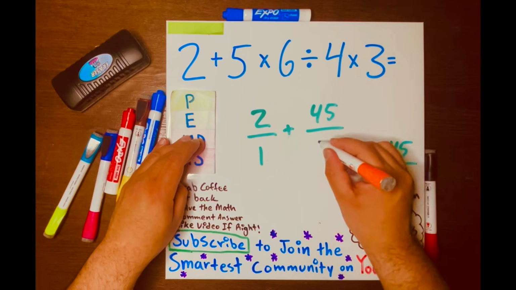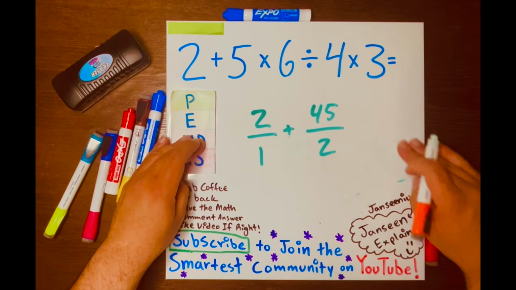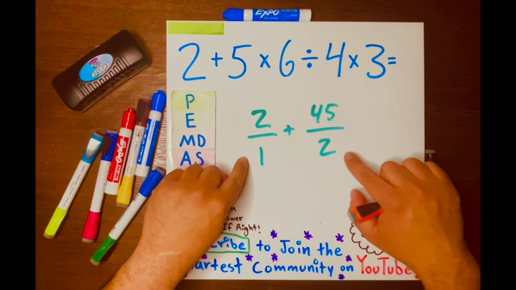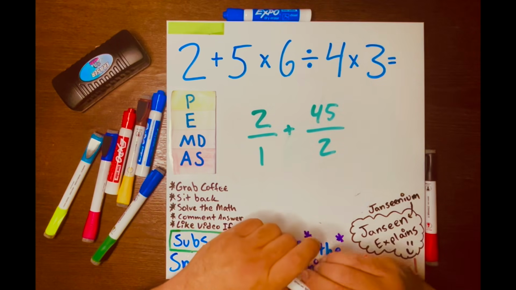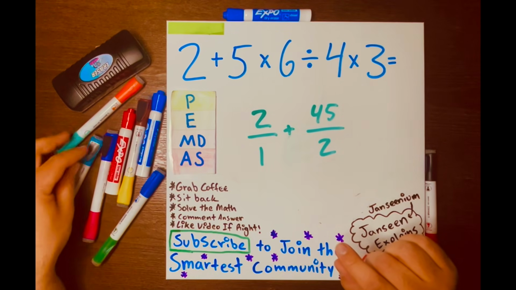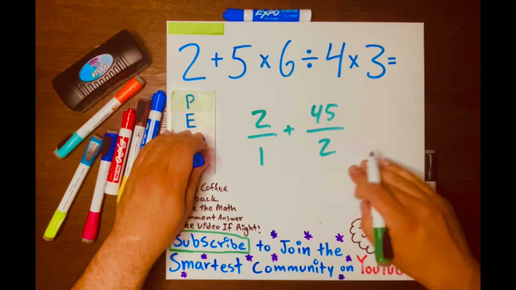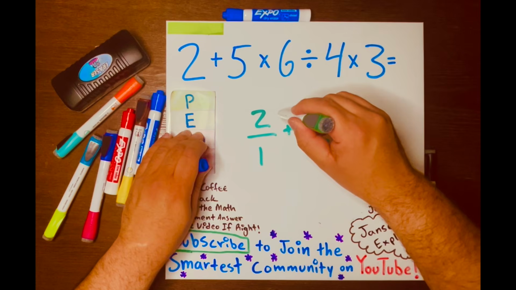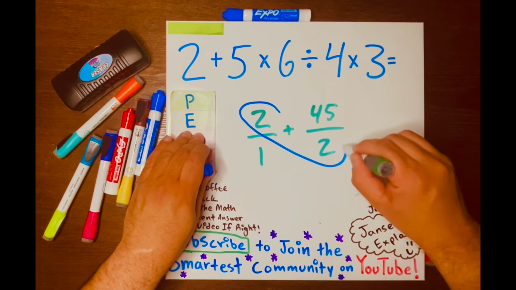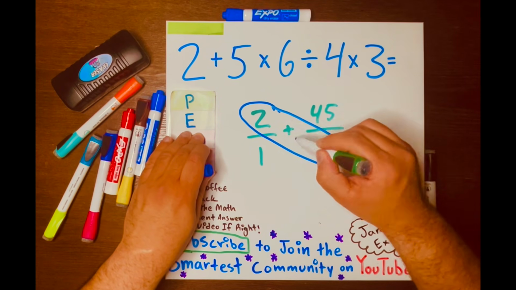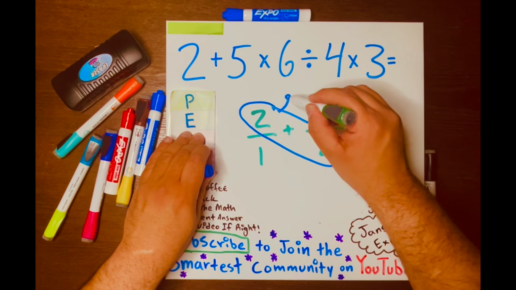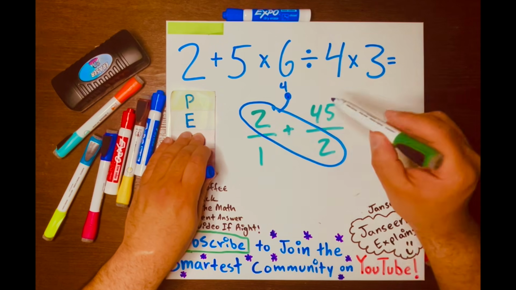45 over 2. And notice the denominators are different, so I'm going to use the butterfly method, and I'm going to use a different color. I'll use blue. Okay, so here's the first wing. 2 times 2, we're not adding, we're multiplying. So 2 times 2 is 4.